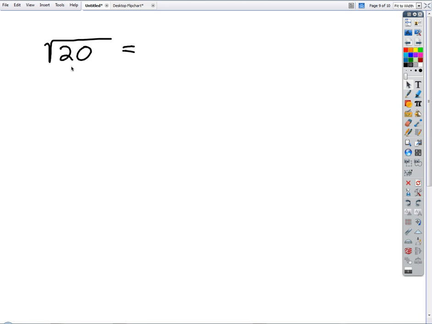What's the biggest perfect square that divides into 20? 4. So we could split this into a square root of 4 times a square root of 5, and the square root of 4 is 2. So we end up with 2 times square root of 5.